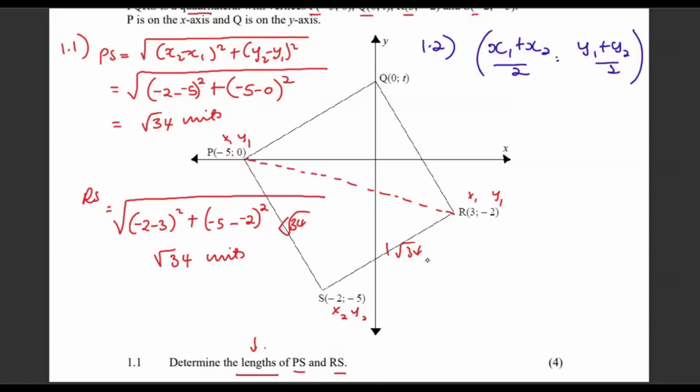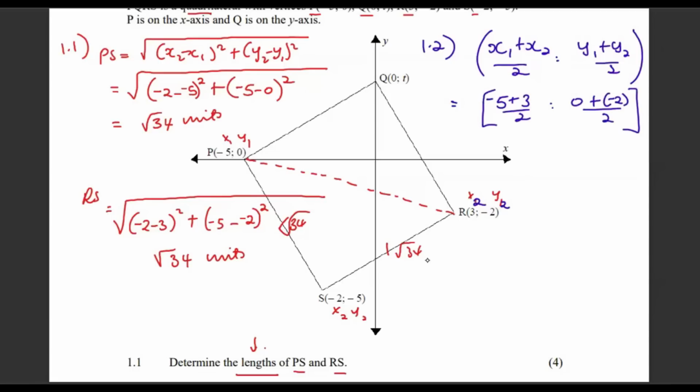Please do not confuse the addition of the midpoint with the subtraction of the distance formula. Let me call these points and just label them the way you want to. So I'll have negative 5 plus 3 divided by 2, and 0 plus negative 2 divided by 2.